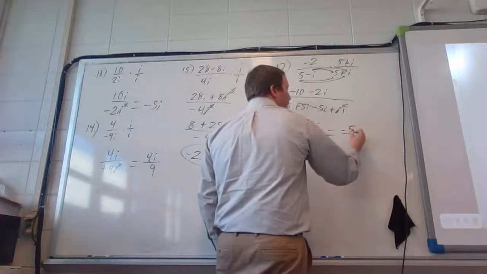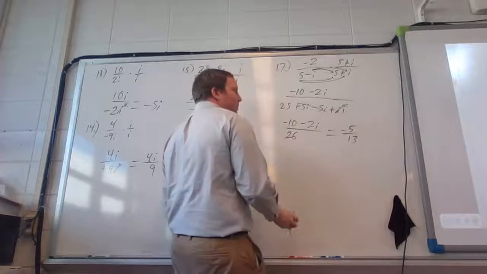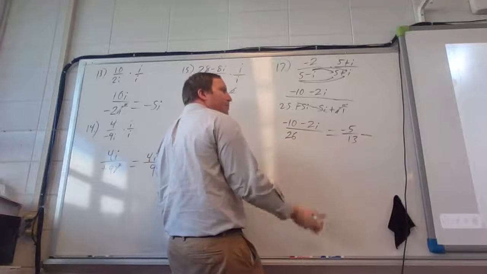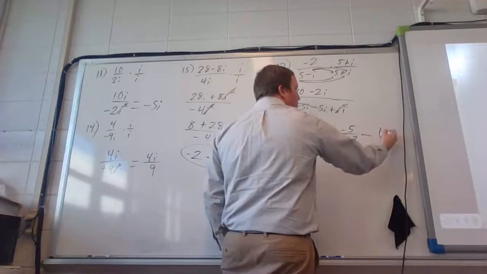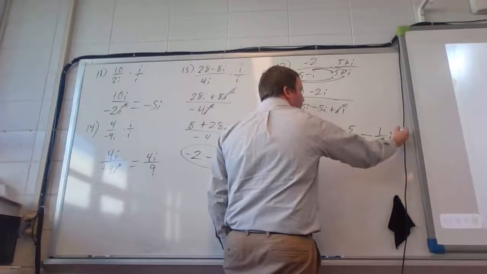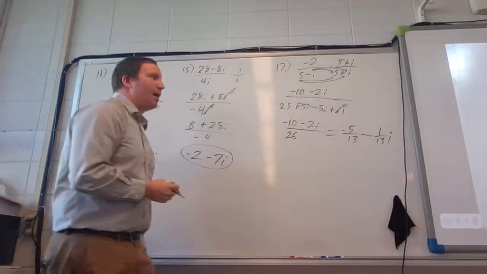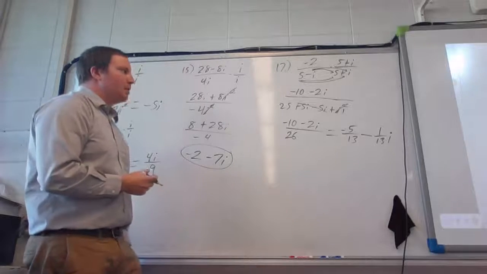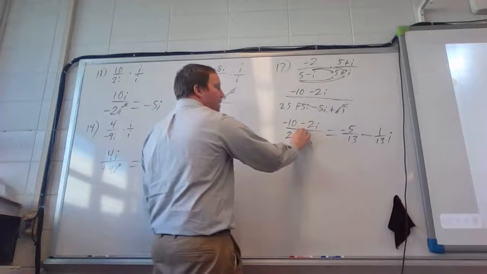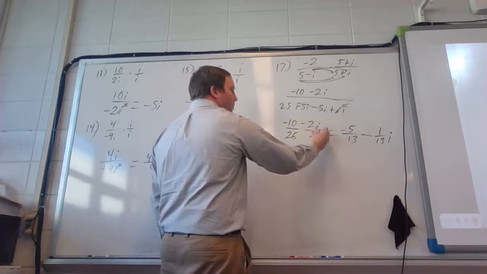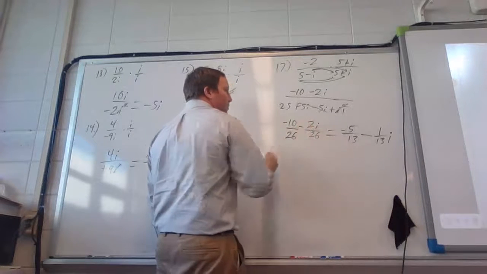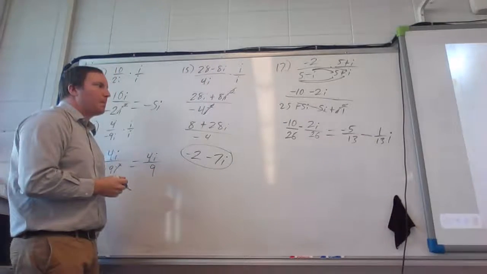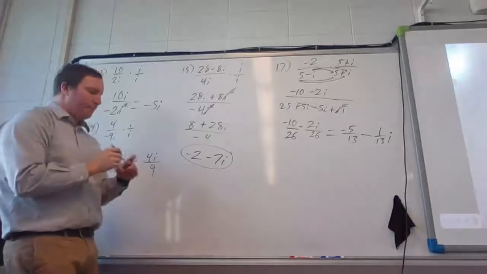That's going to get us negative 5 over 13 minus 2i over 26, again both divisible by 2, 1 over 13 i. I might mess up on this part on the homework. Okay. So again, you can just split that fraction and simplify it. So there's your answer.